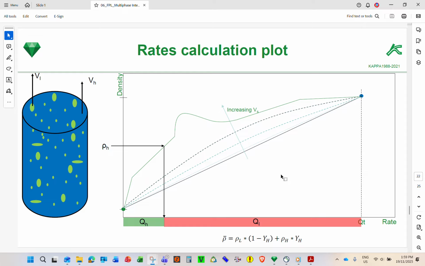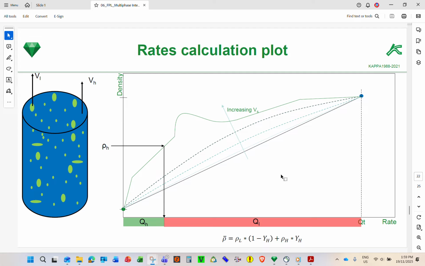But when your gas is faster, at one depth the gas holdup has gone up, so the water holdup here is higher. That's why, if you have slippage, the heavy phase holdup is higher than if there is no slippage.